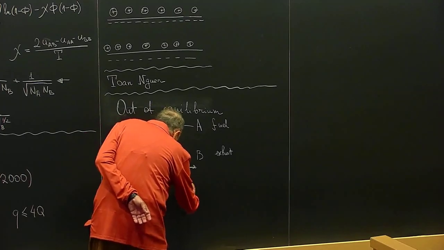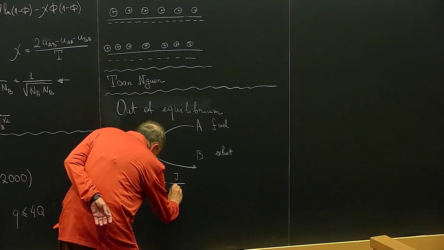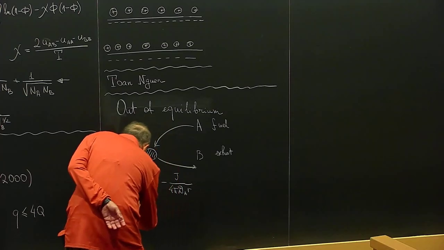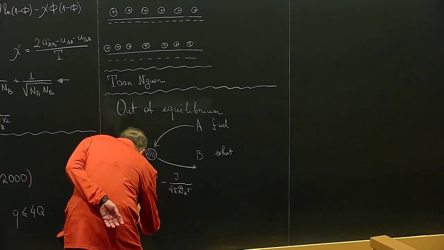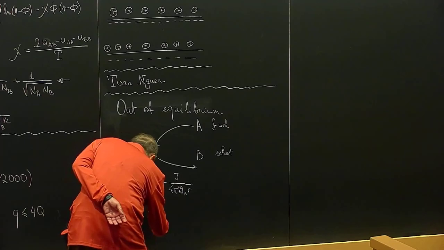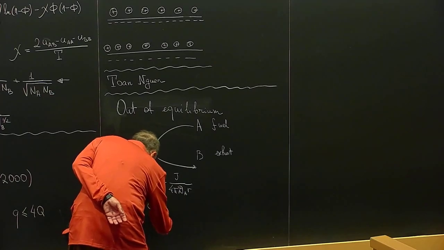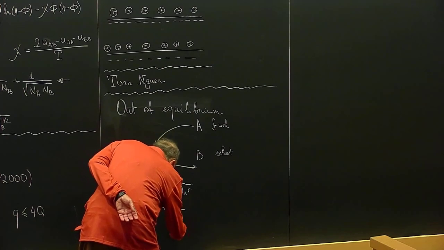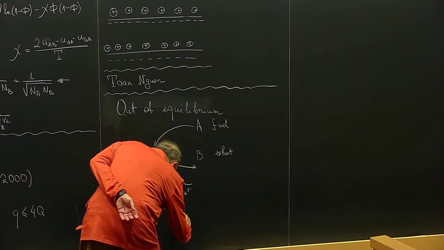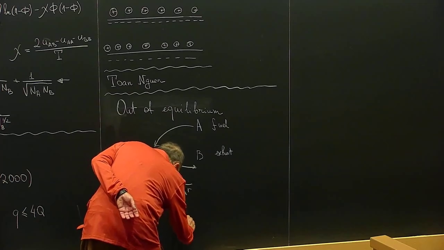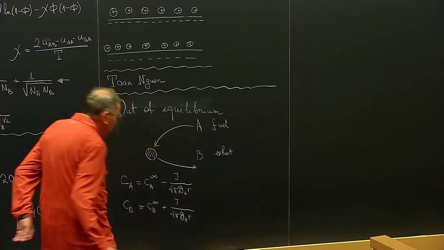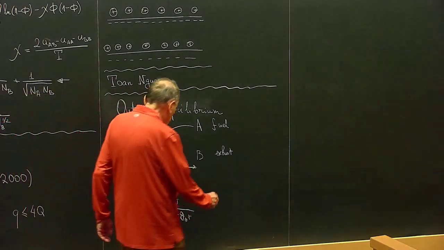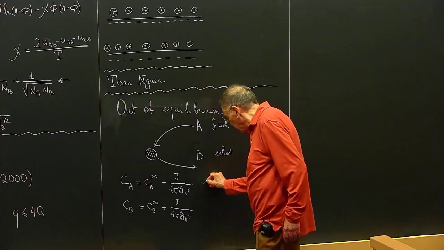If J is the chemical reaction rate, you have this type of concentration profile. This concentration profile, in both cases, goes like 1 over R.